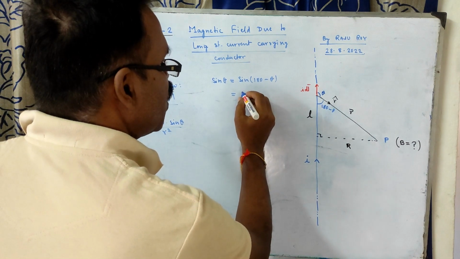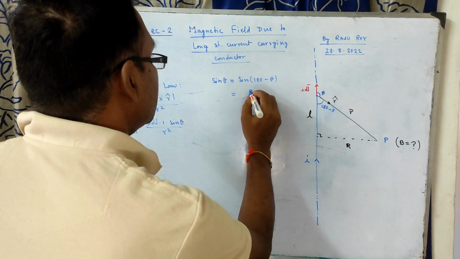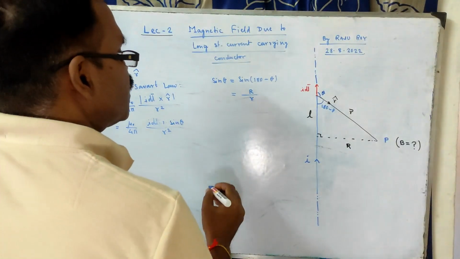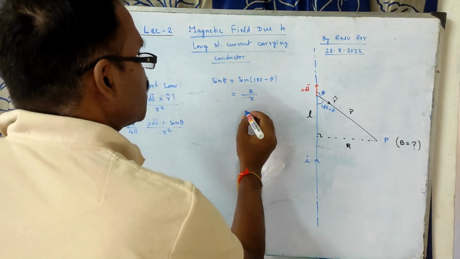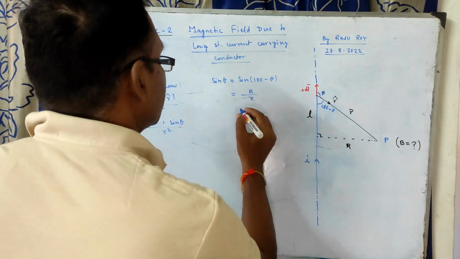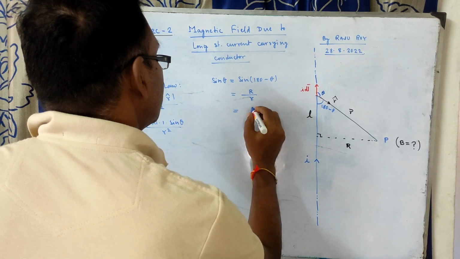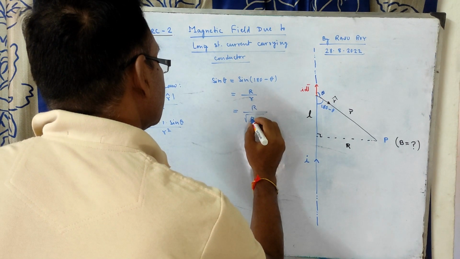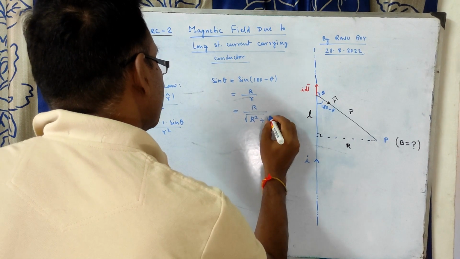Opposite is your R, and the hypotenuse is this small r. Now this small r is root over R square plus L square.